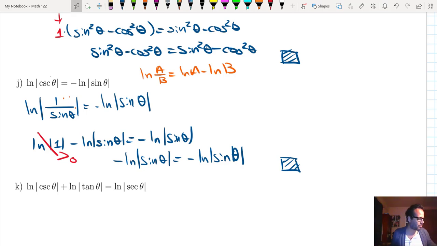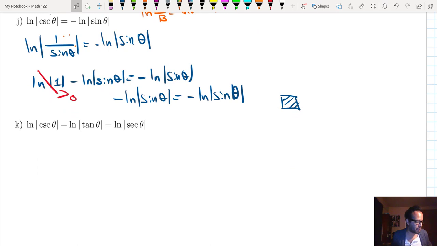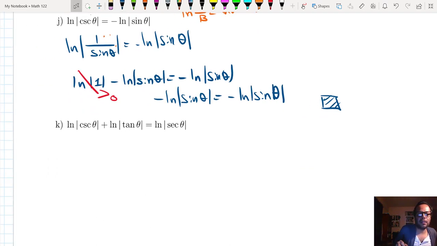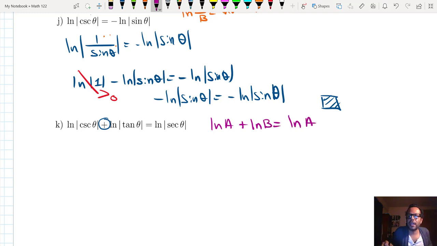All right, so one more with logarithmic expressions. Okay, now what are we going to do here? Notice the sum here, the addition. You might want to recall the property of logarithms in which the sum of two logarithms, ln of a plus ln of b, equals ln of the product ab.